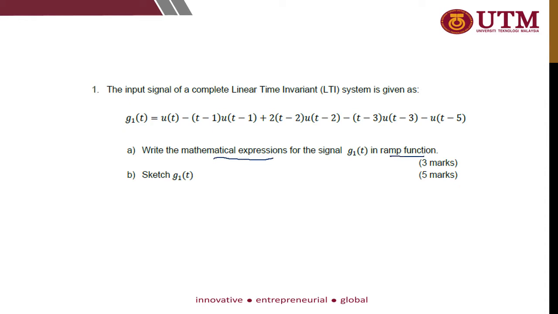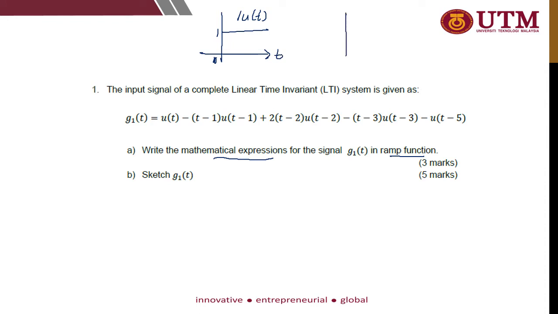Okay, you need to revise back the basic information on the type of signal and also its mathematical equation. So if you have this type of signal, you know it is the u(t) function. The amplitude is 1 and it happens across the t values.